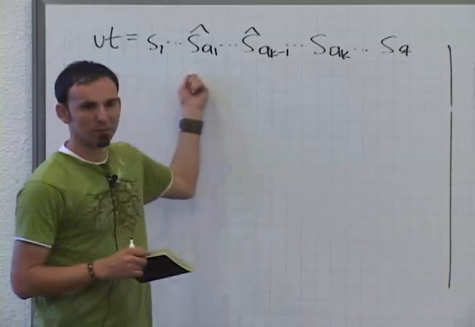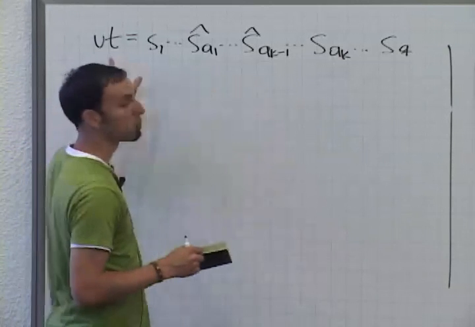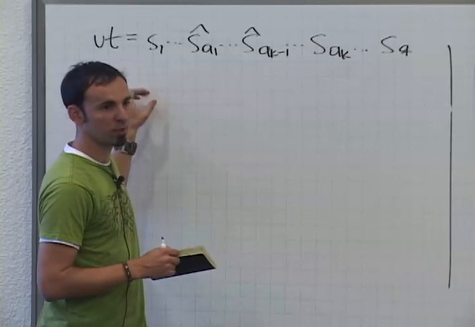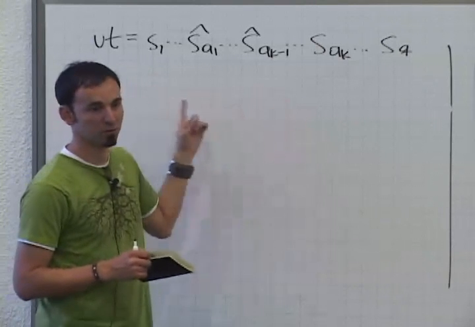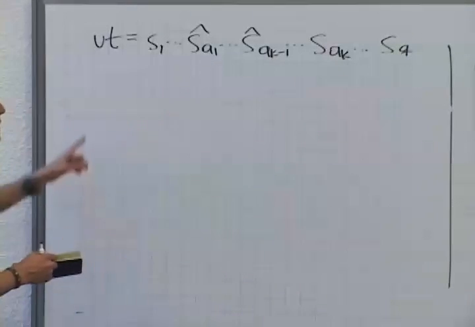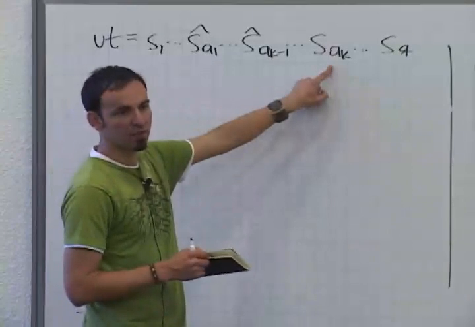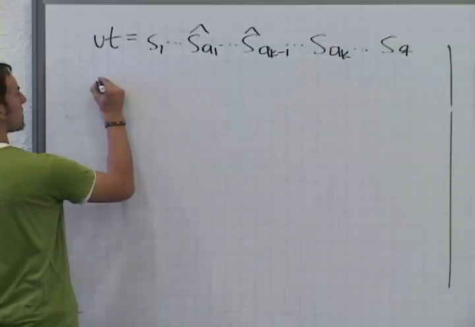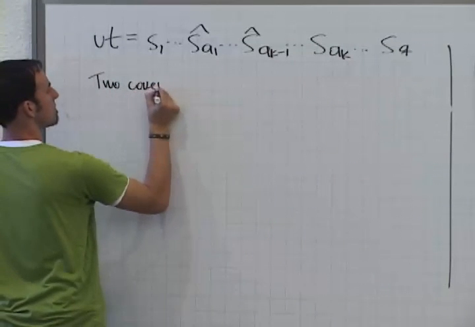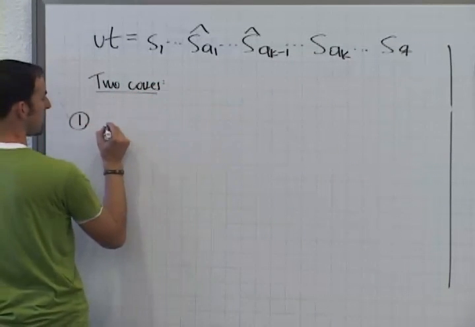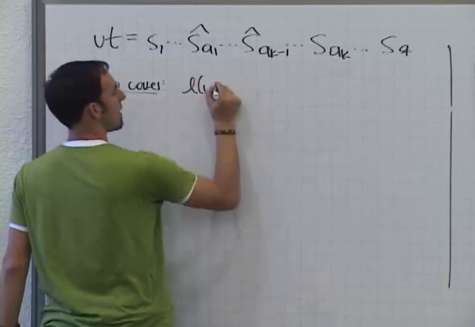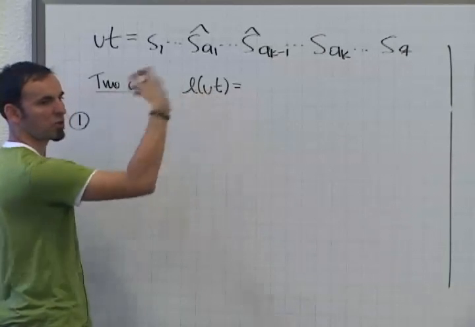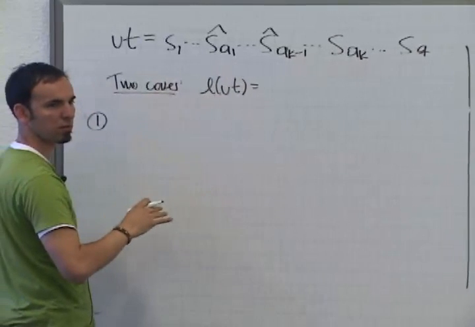I don't know, is this longer or shorter than U? It looks longer, but we don't know if it's reduced. So we have to be a little bit careful. It looks longer, it has one more letter, but it could be that this is reducible. So there's two cases. L of U. Remember, when I multiply by t, I said that either the length goes up by 1 or down by 1.